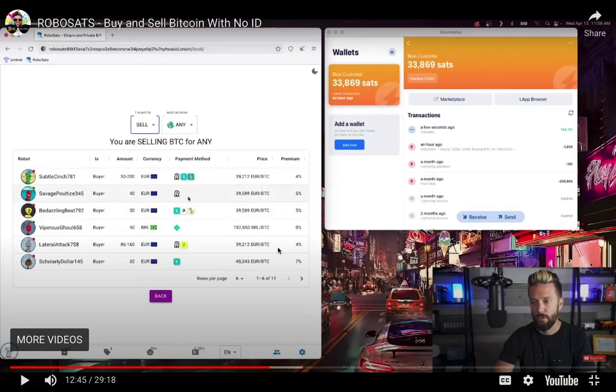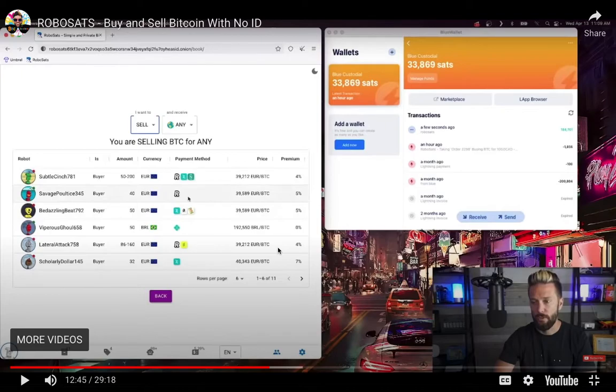So you can basically just go there and create your own token or wallet, because each transaction generates a unique number, and you just create your trade.